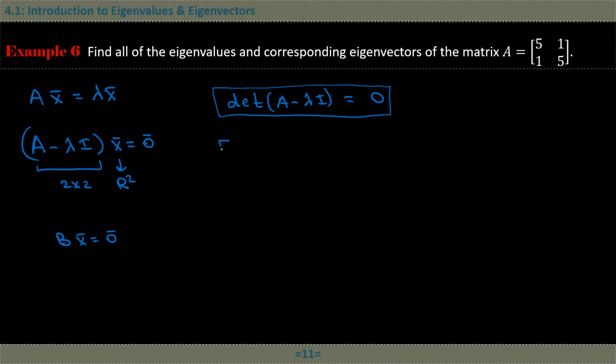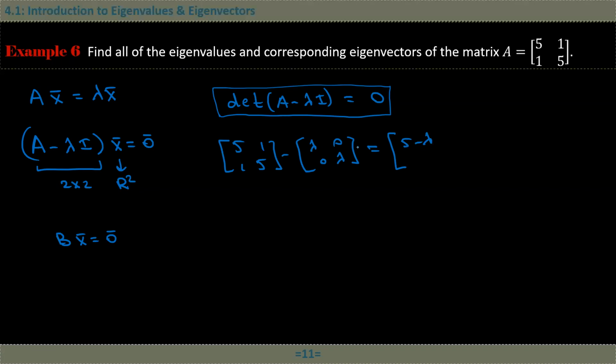So here we have 5, 1, 1, 5 minus what we have here, lambda 0, 0, lambda. That's equal to, sorry, let me just calculate the inside. Here we have 5 minus lambda.